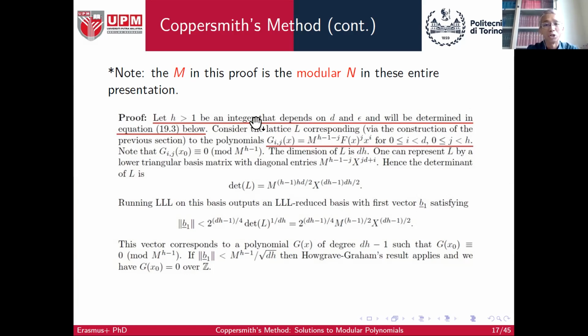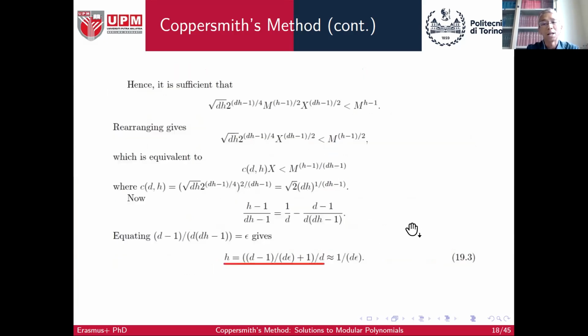This should be the original one that we refer to when applying Coppersmith. Having these two important points, next is 19.3, which corresponds to the first line. This is the formula for h, which determines what value of h is suitable for us to apply the Coppersmith method.